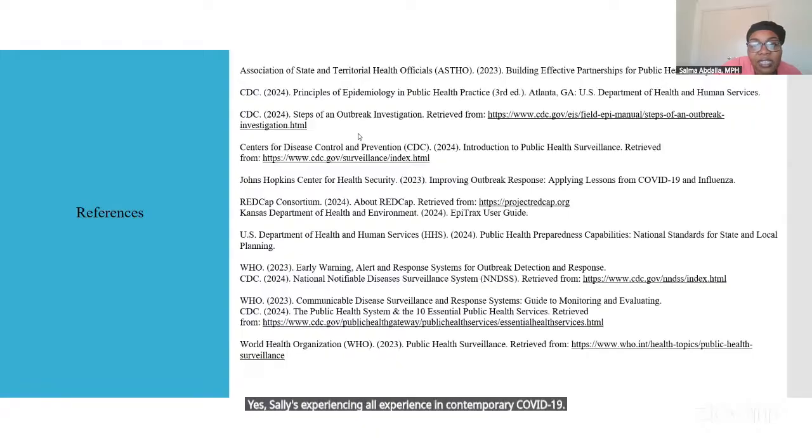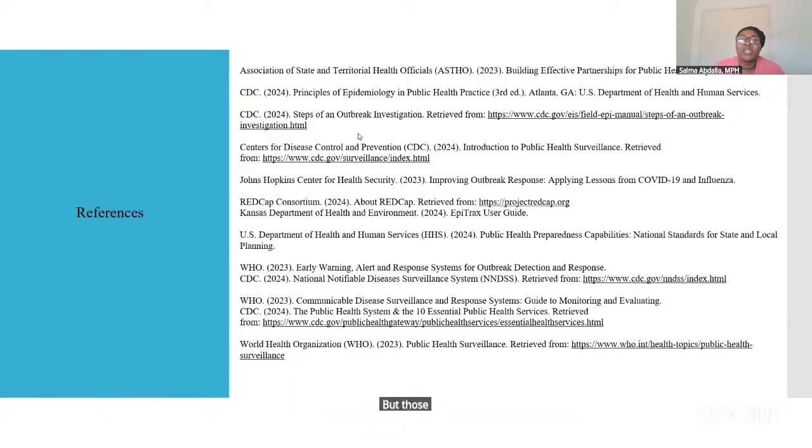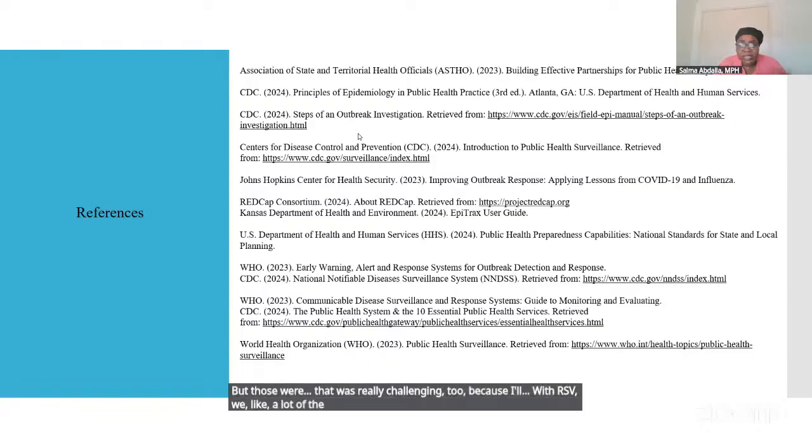I would say for this, during the same time, it would be flu as well, and at that time RSV was one. That was really challenging too, because with RSV a lot of the symptoms were similar, and there was some confusion.